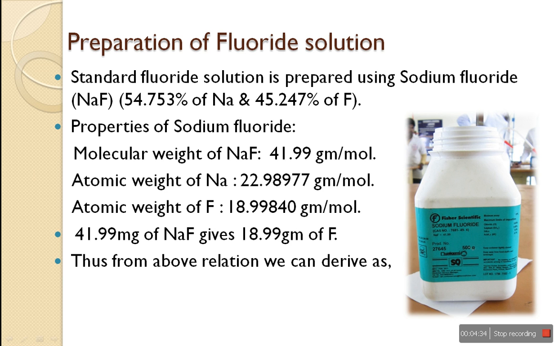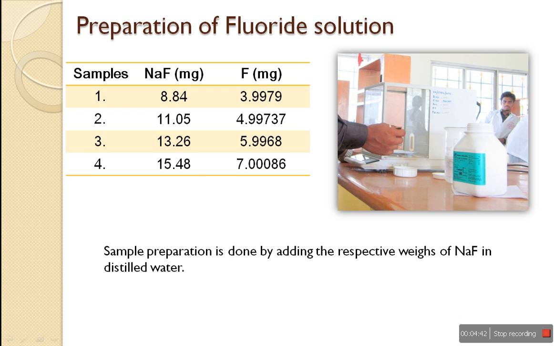Then by interpolation it can be calculated. 8.84 milligram of NaF per liter gives 3.99, that is approximately 4 milligram of fluoride per liter. Similarly, 11.05, 13.26, and 15.48 milligram of NaF give 5, 6 and 7 milligram of fluoride per liter respectively.